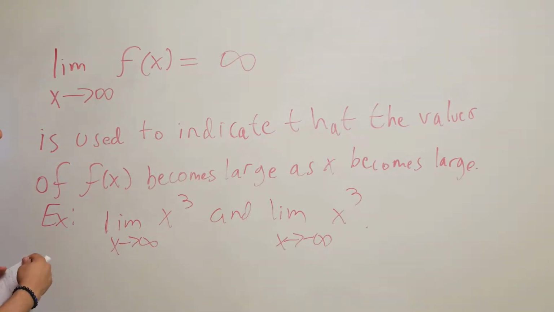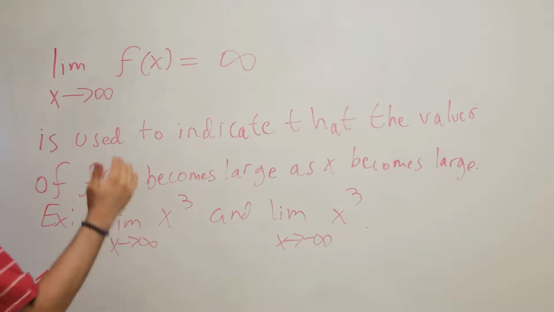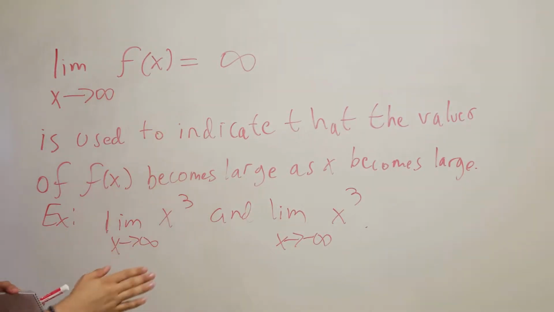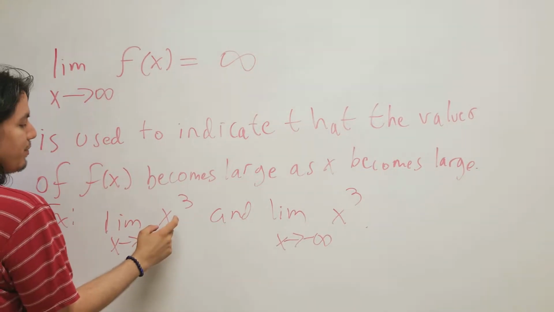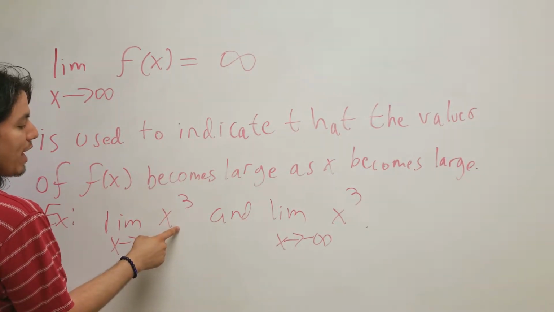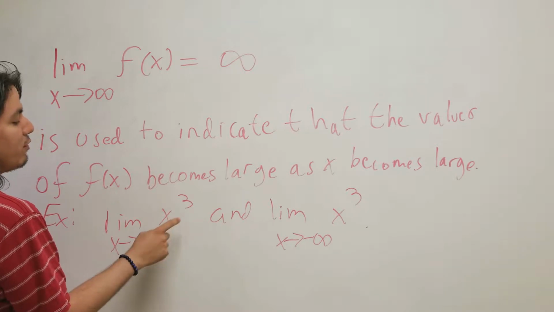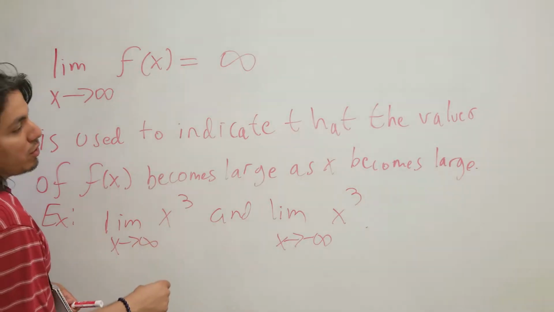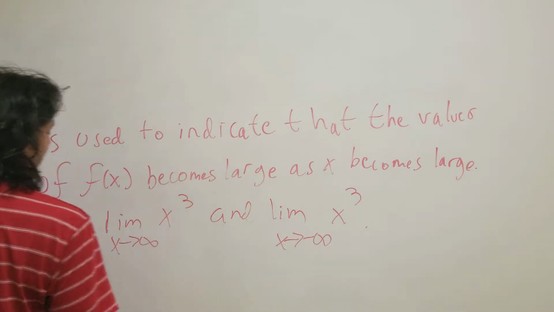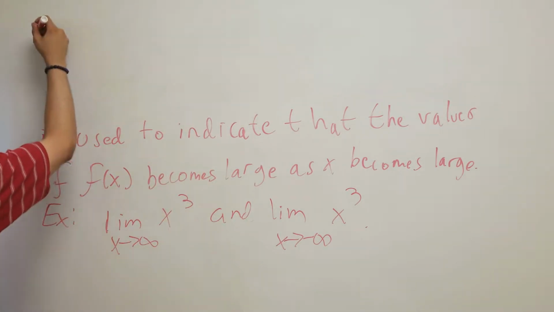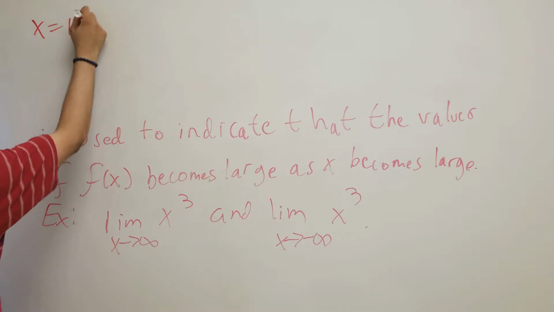So let's write that process on top, because what you're doing is this. Essentially, you want to understand what happens when you plug in values for x to the third. So let's see what happens. Let's say x equals 10.